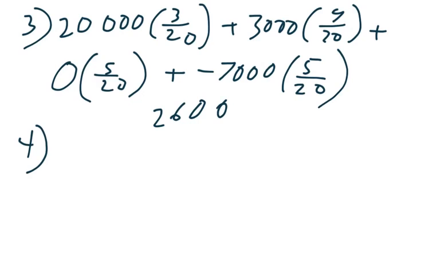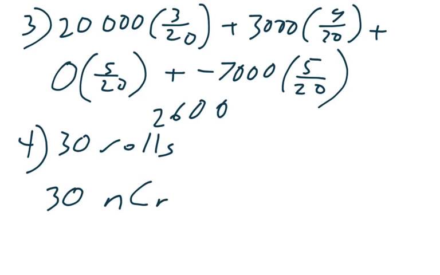For problem number 4, it says you are going to roll a 20-sided die 10 times. What is the probability of getting 3 sevens in those 30 rolls? So let's just make it 30 rolls for both of them. And so we want 3 sevens. So we're going to do 30 nCr 3.